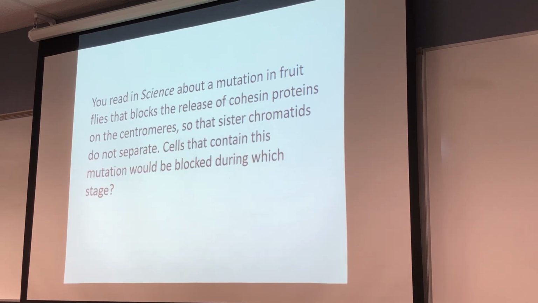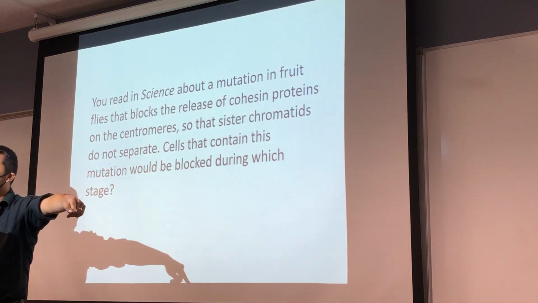You read in science about a mutation in fruit flies that blocks the release of cohesin. Remember that? Cohesin proteins are on the centromere, so the sister chromatids do not separate. So there's a mutation in the fruit fly that blocks the release of cohesin from the centromeres, so the sister chromatids do not separate.